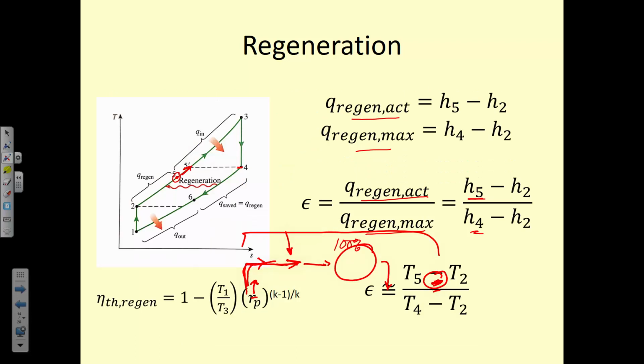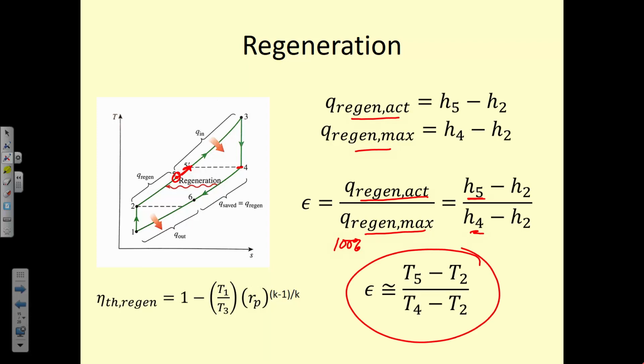Okay, so as T2 and T4 become closer to equal. So the effectiveness can also be rewritten like this if we assume constant specific heats. And again, we can calculate the thermal efficiency of the regenerator using this equation if also we are assuming constant specific heats.